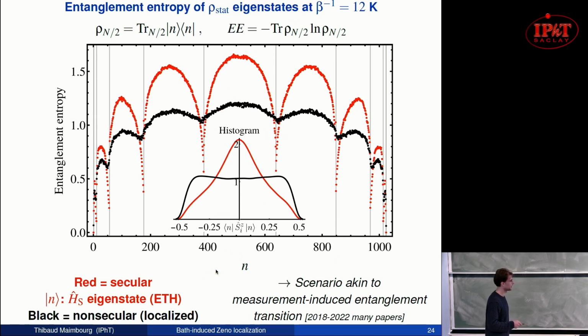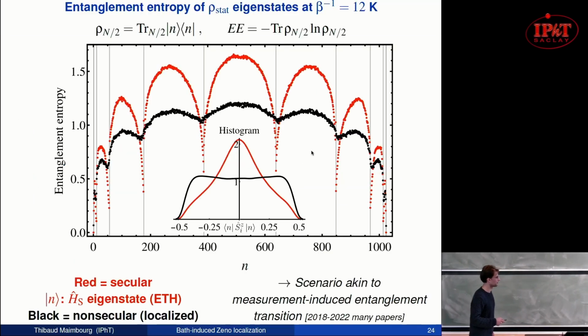You do the histogram for all the eigenstates and you measure this typical value, and you see that in the secular case it is peaked around 0, while in the non-secular case it's flat. So this is kind of ETH, this is typical, and this is flat, so it's not at all thermal.